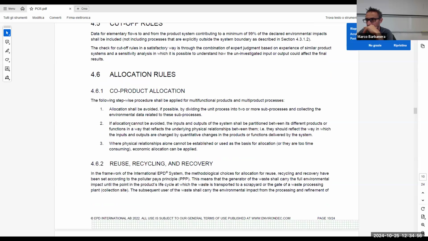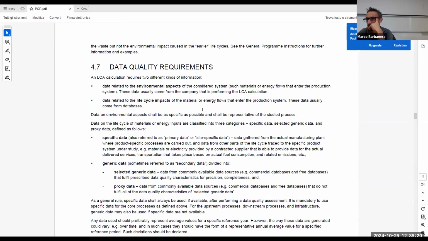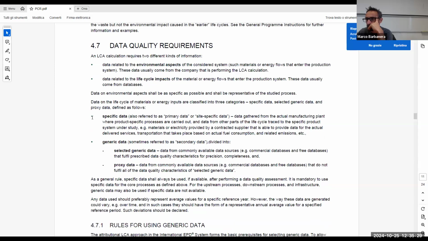As we have said previously, typically the mass allocation approach is the approach that you have to use to solve the multifunctional processes. So you can see also the data quality requirements to carry out the study.